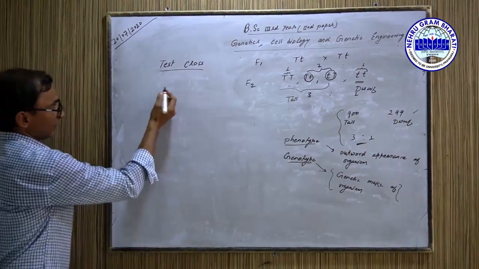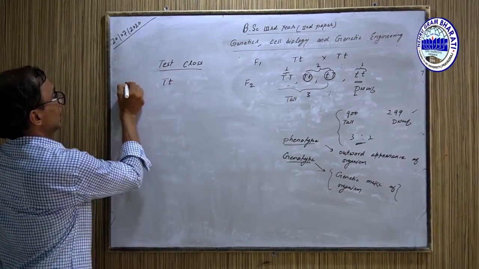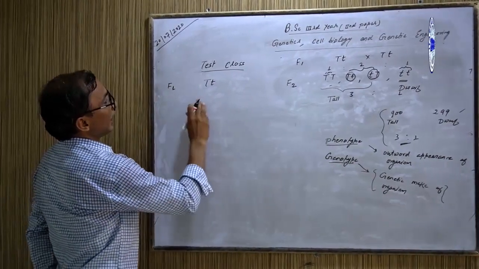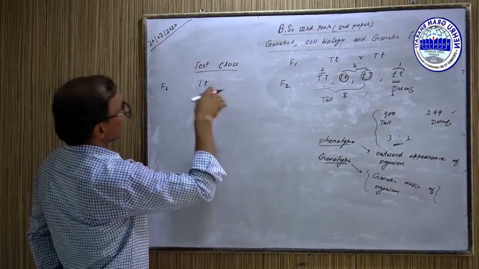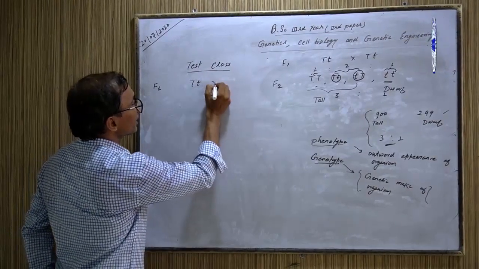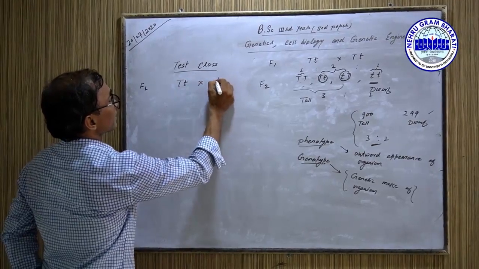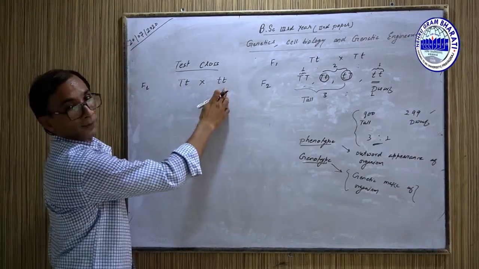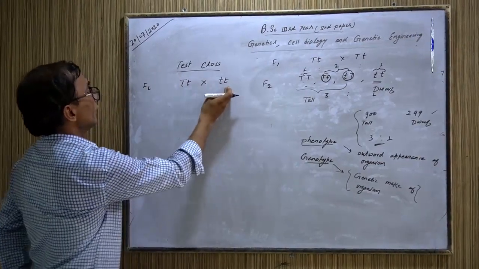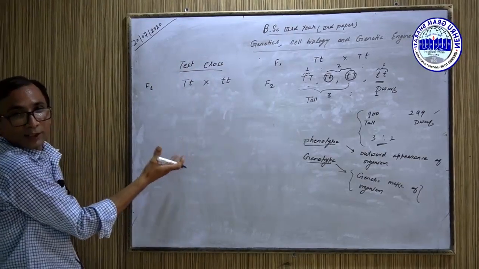For example, suppose we have this as my F1, right? And you have to confirm the nature of this one, whether it is homozygous or heterozygous. Then you will immediately cross it with the homozygous recessive, or you can say one of the recessive parents. Whenever you conduct this type of cross, you will be getting a certain ratio of organisms.